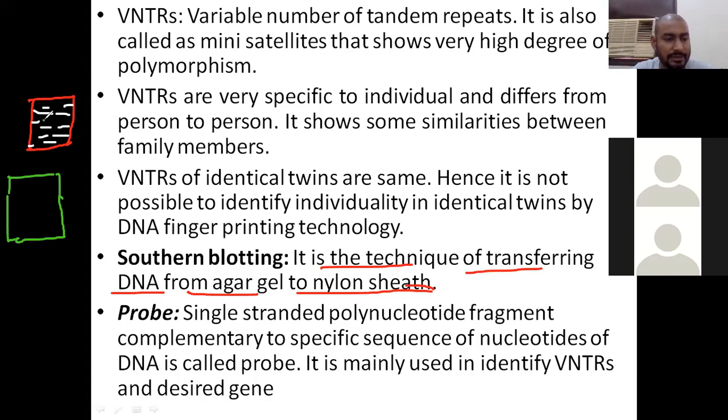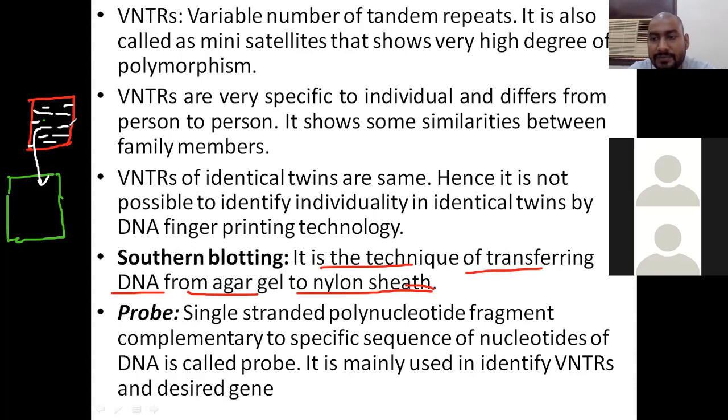When the DNA molecules are transferred from the agarose gel onto the nylon sheet, this phenomenon is known as southern blotting.